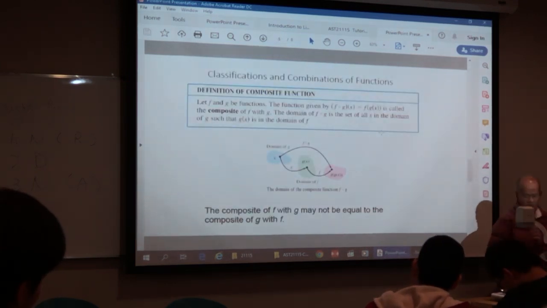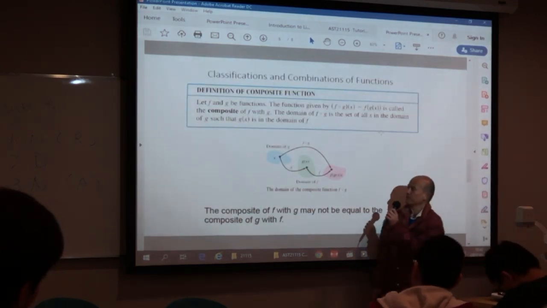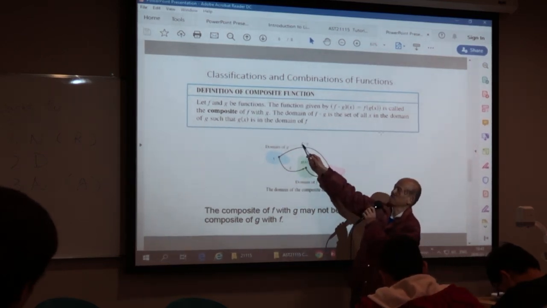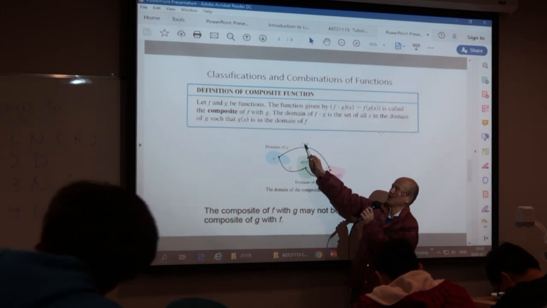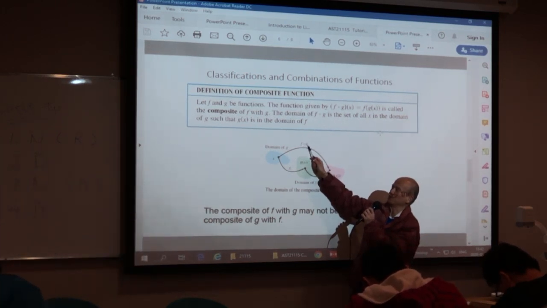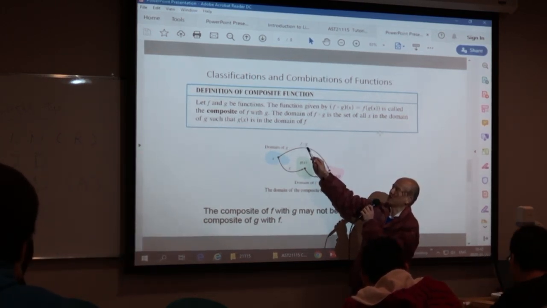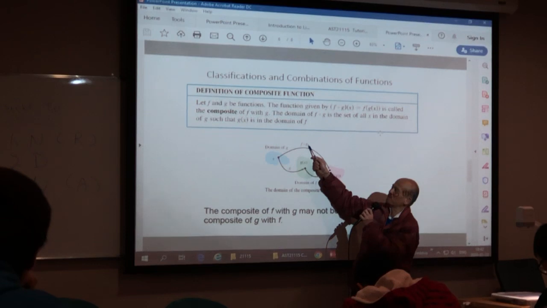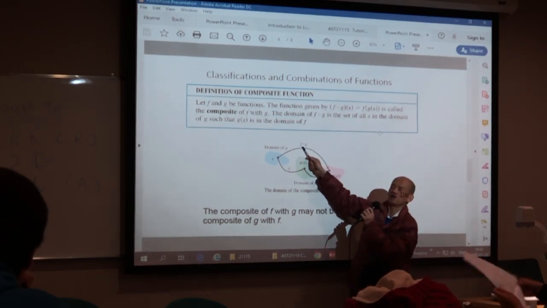Mathematically, it is something like this. This is the whole function we call a composite function. The symbol is like this: f and then a small circle g. The right hand side one works first. So g works on the input first, and then the result feeds into the input of f.